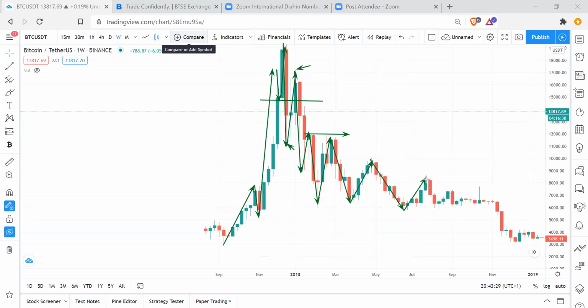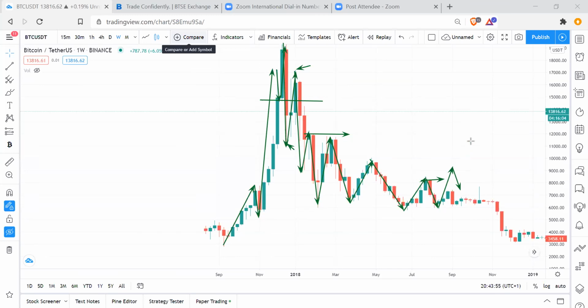So it pushed down. It didn't break this previous low, so it is not a lower low. It is a higher low, at least until this is broken. Does it mean that the trend has changed to the upside because it is a higher low? No, it doesn't. Remember, for it to be confirmed to be a higher low, price has to break here to make it a higher high and then retrace for an uptrend.